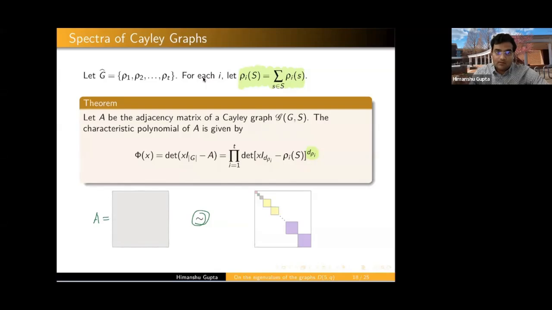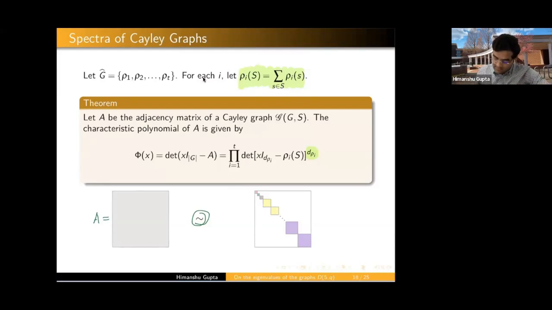Okay. So for Cayley graphs, I have a big matrix and I want to compute its spectrum, but instead I have such smaller matrices, ideally, and I can compute the spectrum of those smaller matrices, and I will get the spectrum of the big one.